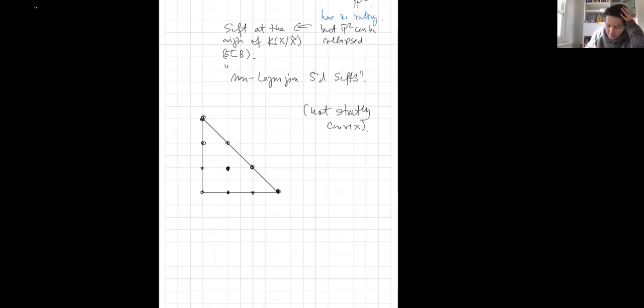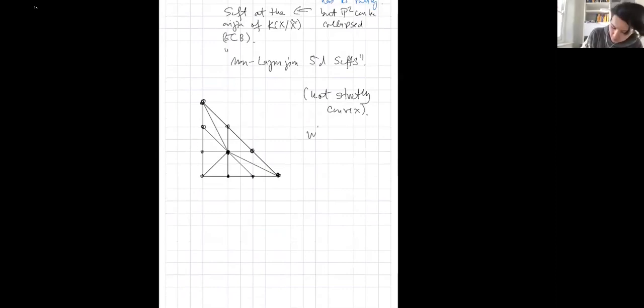Again, there's one internal vertex. I will give you one of the fully triangulated diagrams. This is an example triangulation. And I would like you to determine what the theory is.